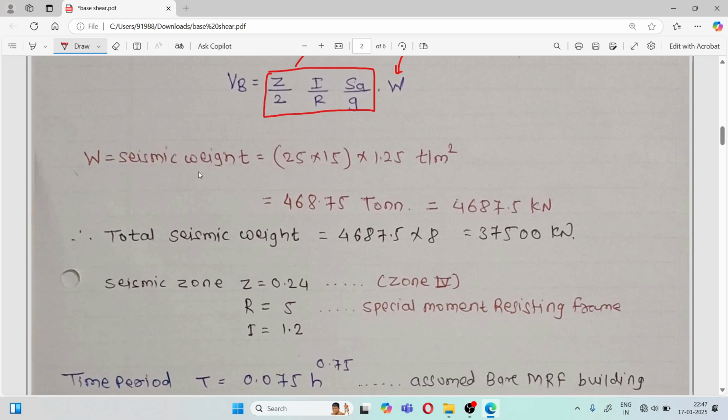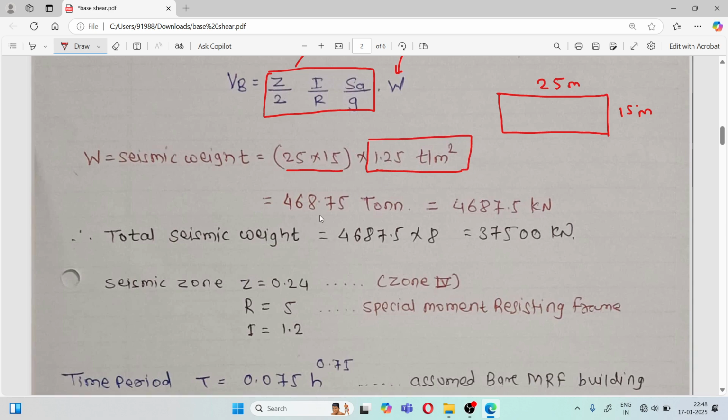So seismic weight. If you see, the plan dimensions are 5 bays of 5 meter, means this becomes 25 meter, and 3 bays are there of 5 meter, so this becomes 15 meter. So 25 by 15, multiply by the weight they have given, 1.25 ton per meter square.